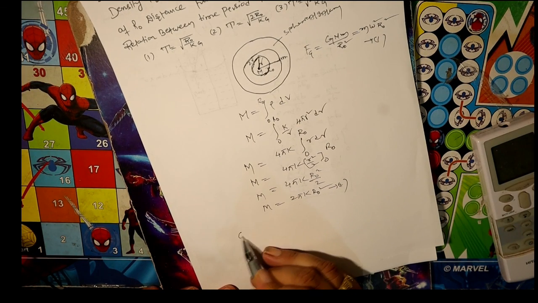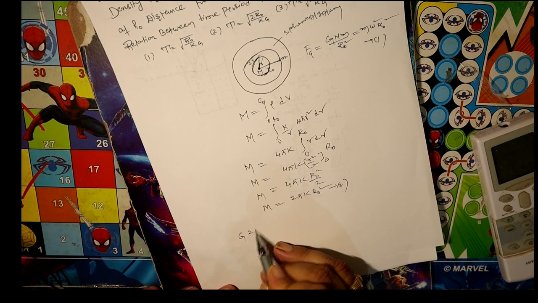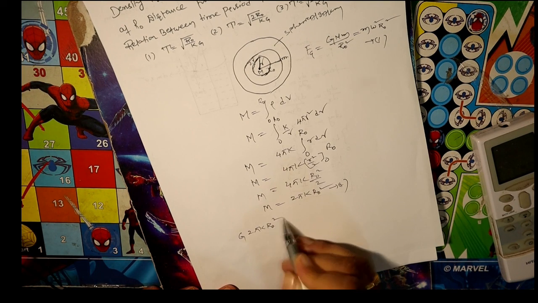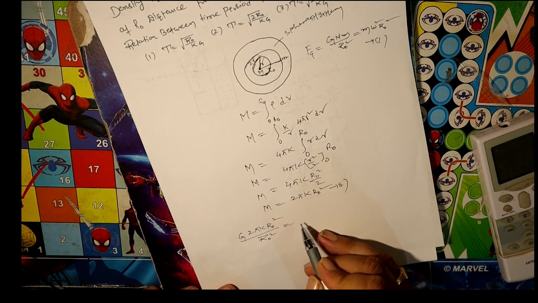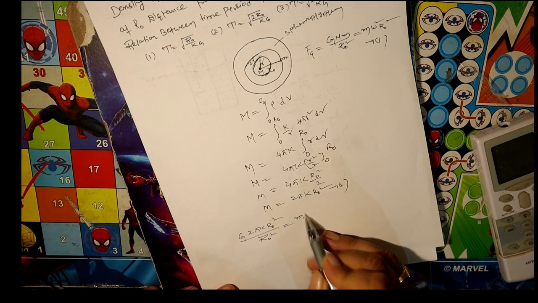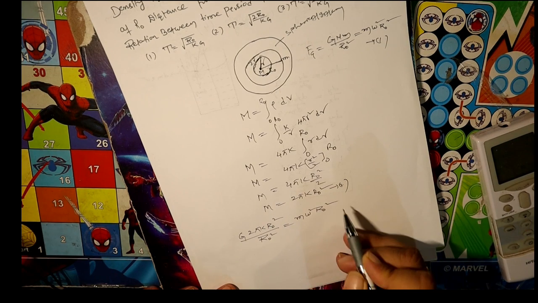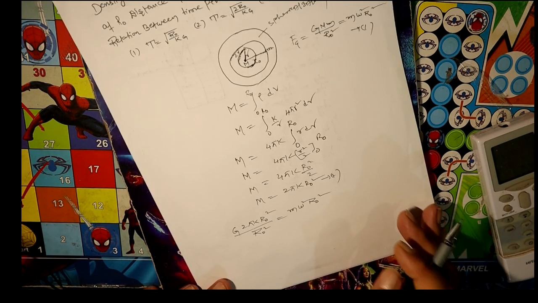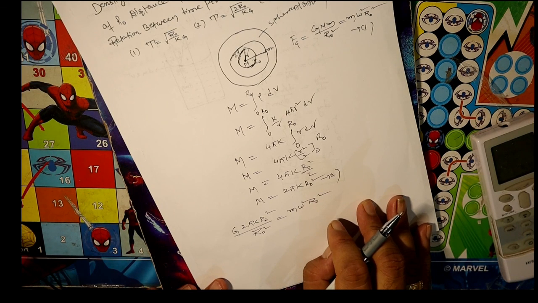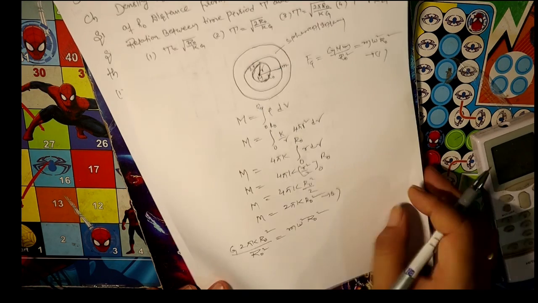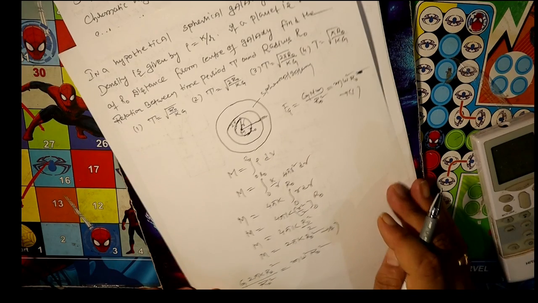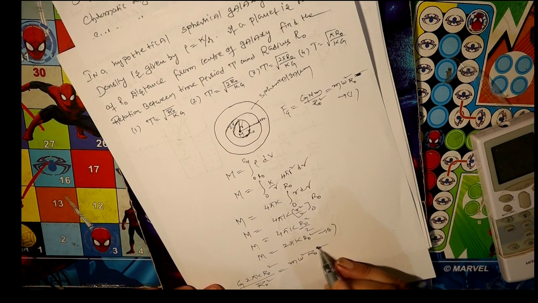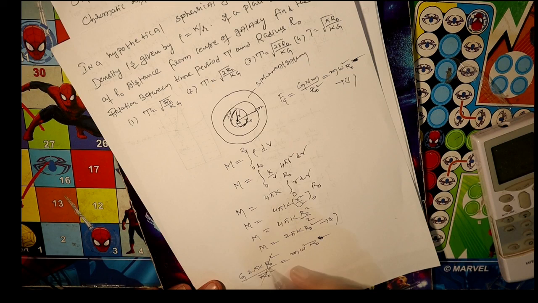G capital M, mass of the galaxy, 2 pi k r naught square divided by r naught square is equal to m omega square r naught. Sorry, here this is only r naught, m r omega square. So m omega square r naught, square cancel.